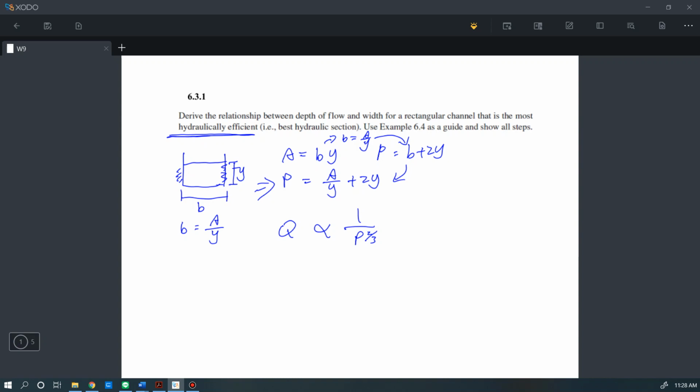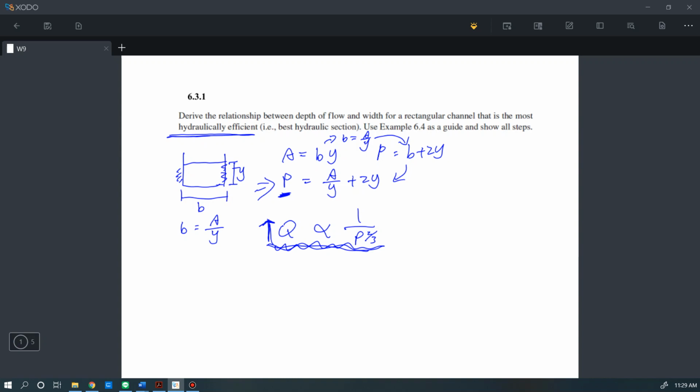So given the area of this cross-section channel, if we want to maximize the flow rate, then what we want to do is to minimize this P, because P has this relationship with the flow rate, as I show here.